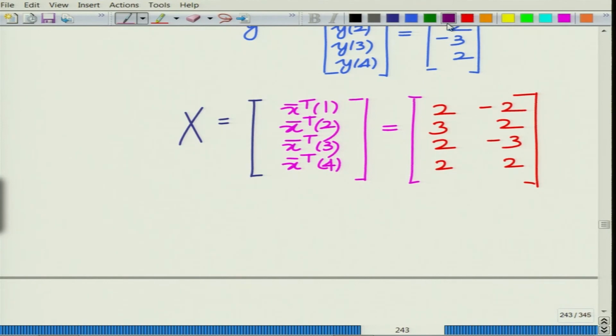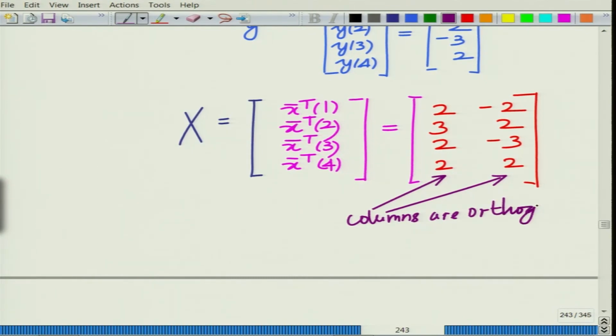You can see this satisfies an interesting property. Columns are orthogonal. This is not always true, but the columns are orthogonal, that is, if you take the dot product of the columns, it is 0.